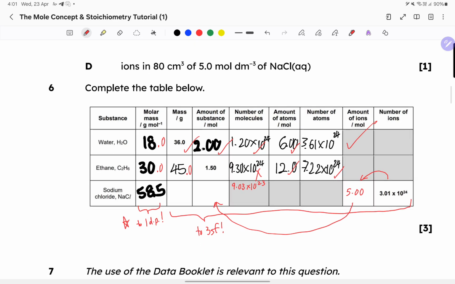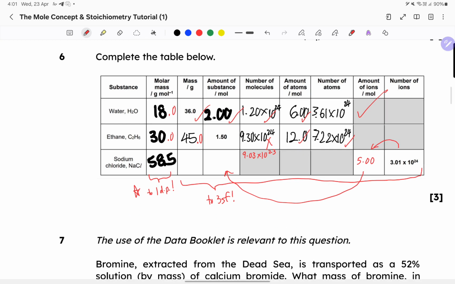So you know that 1 mole of sodium chloride will produce 1 mole of Na plus and 1 mole of Cl minus. So 1 mole of NaCl produces 1 mole of Na plus and 1 mole of Cl minus.